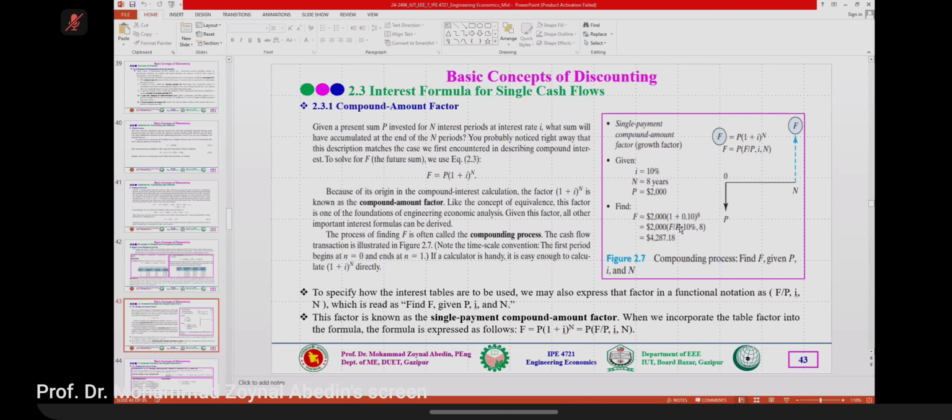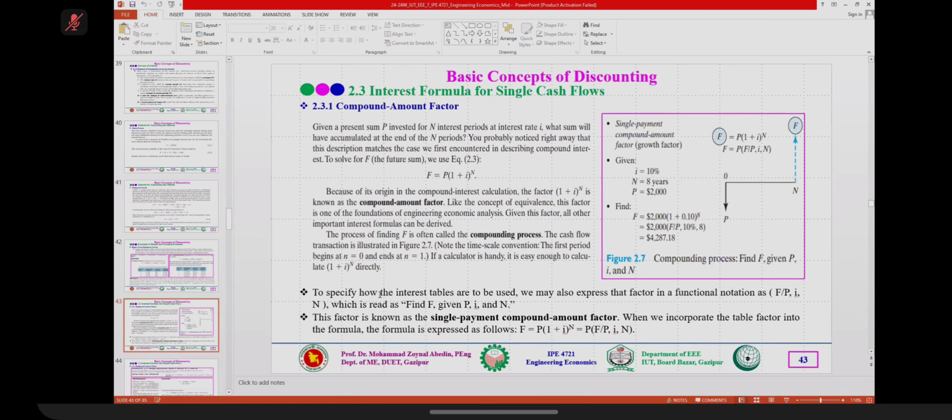The first period begins at n equal to 0, so you will see this 0 value here, and ends at n equal to 1. If a calculator is handy, it is easy enough to calculate (1 plus i) to the power n directly.